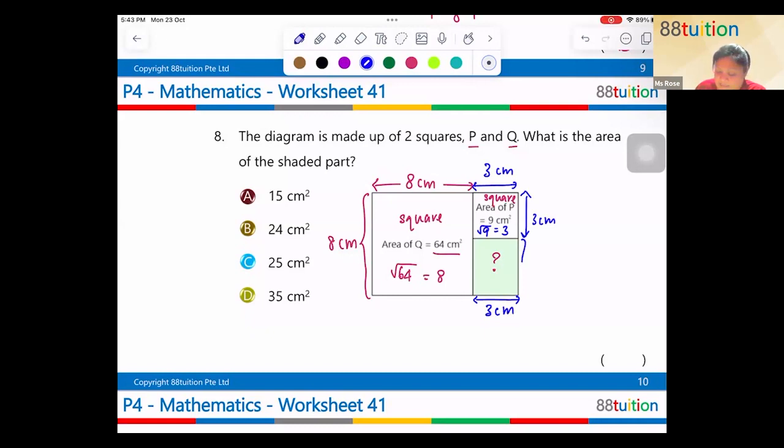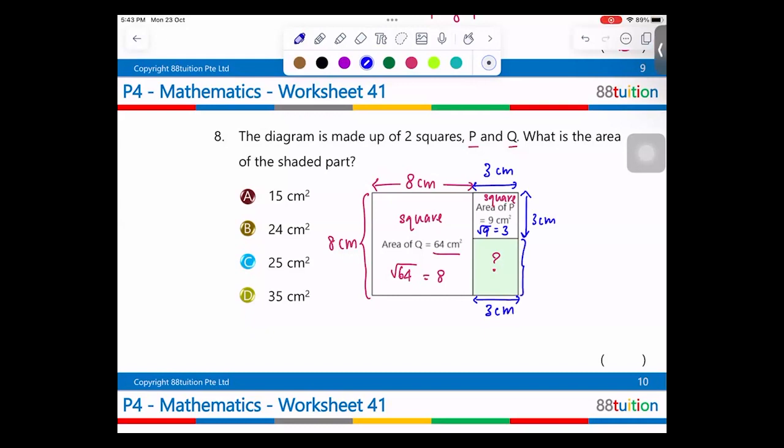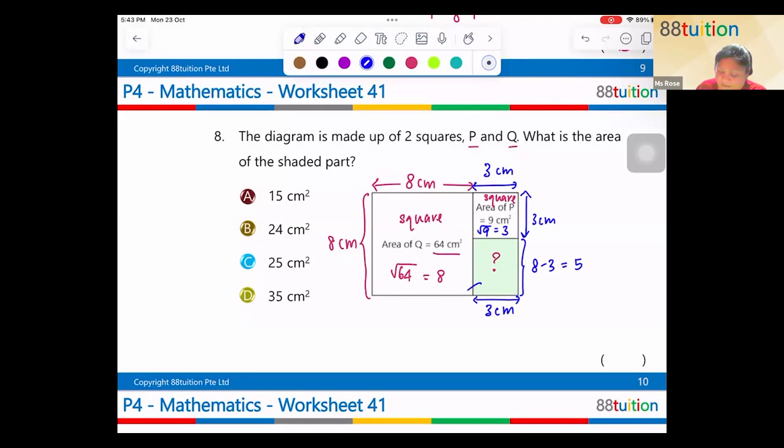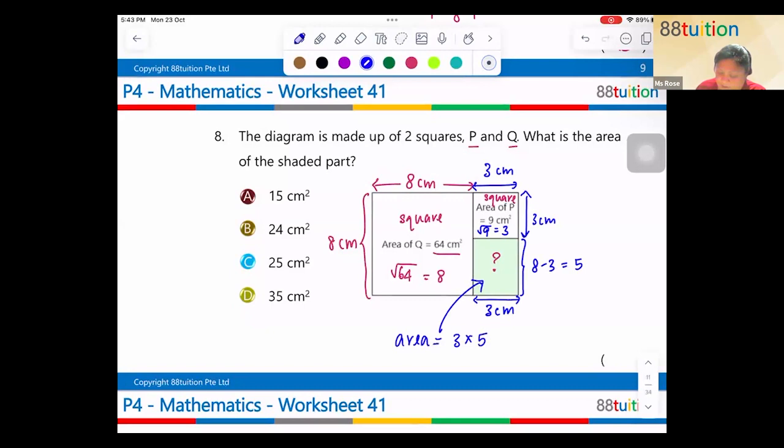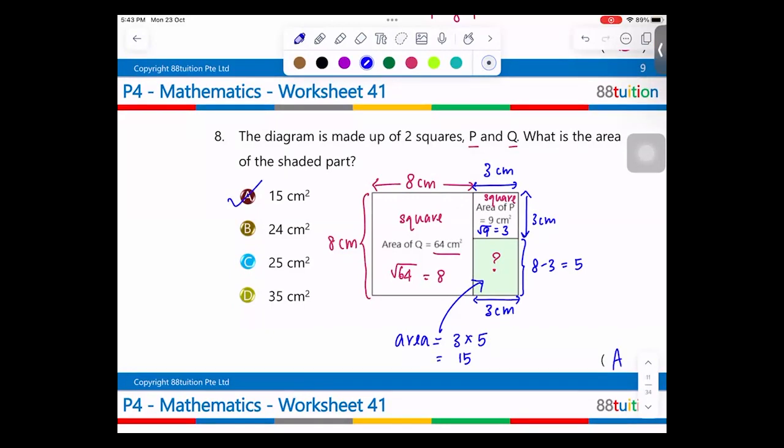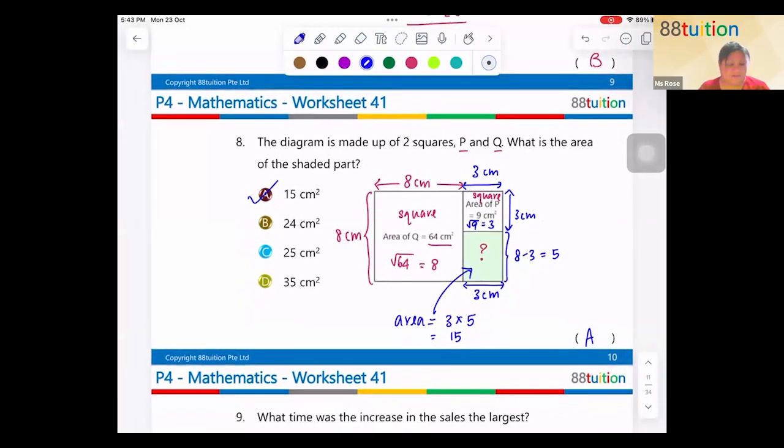But what is its breadth? 5. How do you get 5? 8 minus 3 equals 5. Very good. So to find the area, 5 times 3, length times breadth, equals 15. Thank you. Okay, so that's how it's done. 15 cm squared.